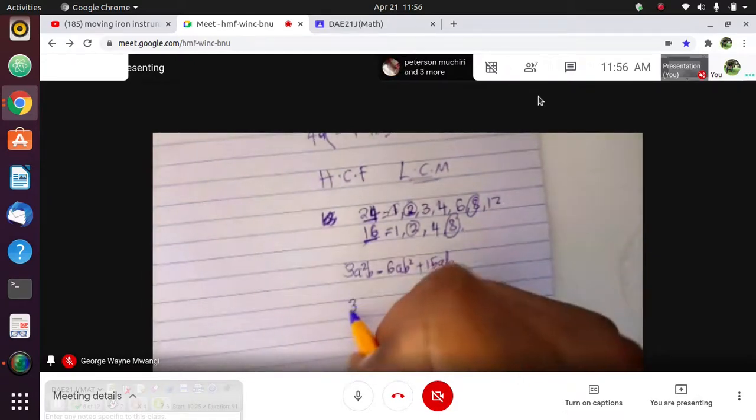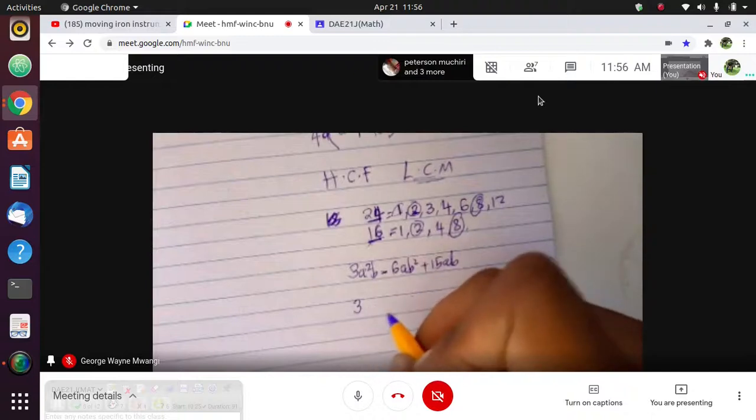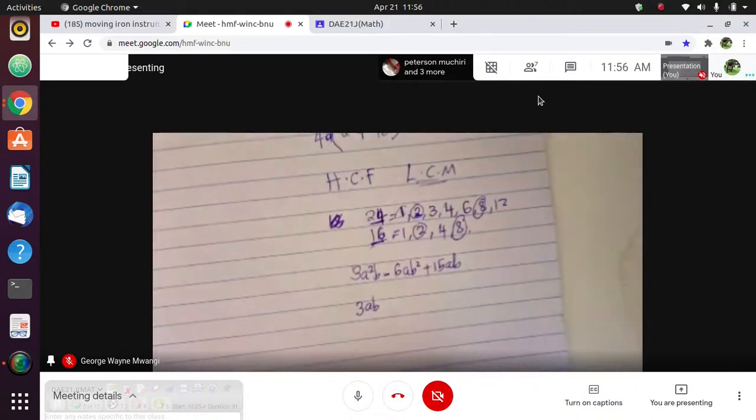3, A and B. We can divide 3 over these numbers. We also have A present, so we can factorize A and B as well. Tunaweza itoa.